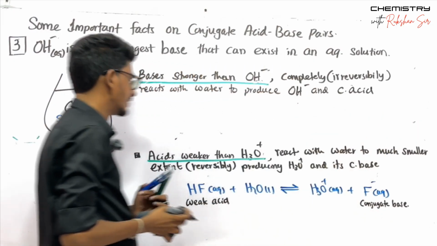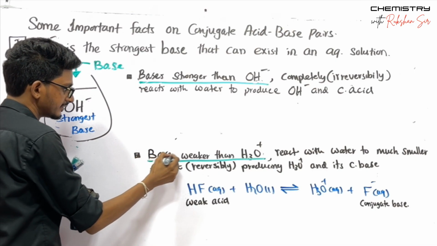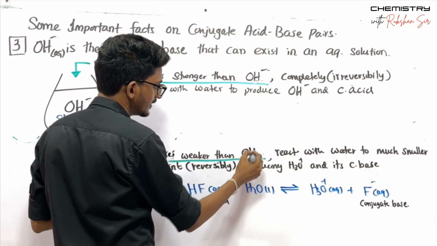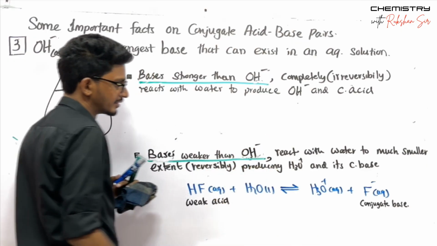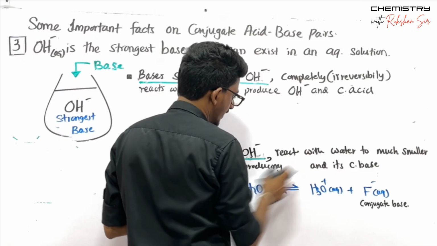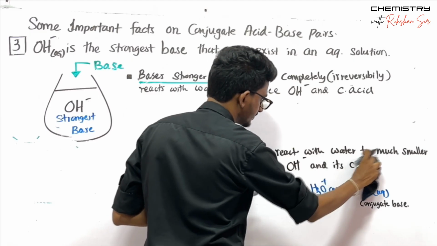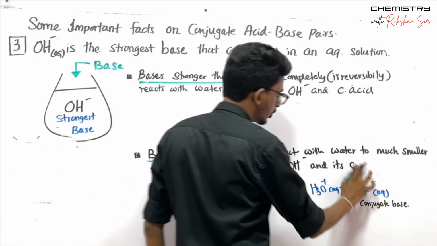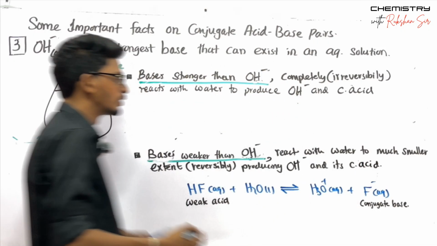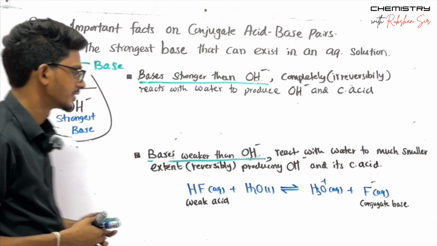Like in the earlier case, a base weaker than OH minus can appear in an aqueous solution and reacts with water to a much smaller extent. It will also produce OH minus and its conjugate acid. If you are an acid, it will produce H3O plus and the conjugate base.